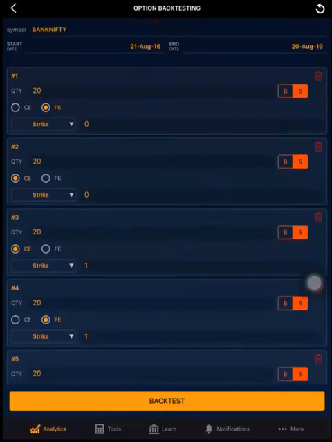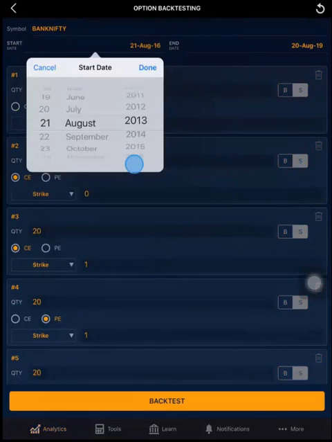You can change this time period to whatever you have. So in case of weekly, we don't have data before 2016 for Bank Nifty, but if you are going and doing, say, I want to do it from 2000.